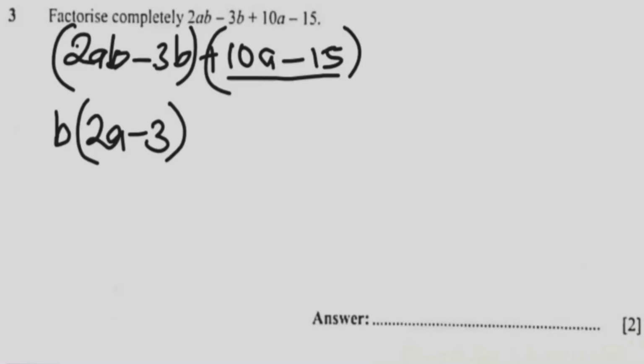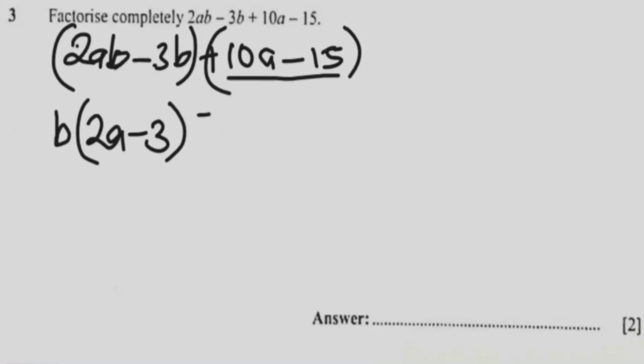A highest common factor, which is a number that can go into 10 and 15 without leaving a remainder. We know that 5 can go into 10 and 5 can go into 15. There is no other number that can go into 10 and 15. We can have 1, but we are not considering 1, so we're going to use 5.